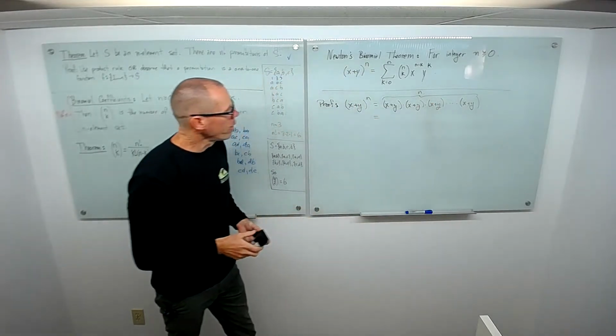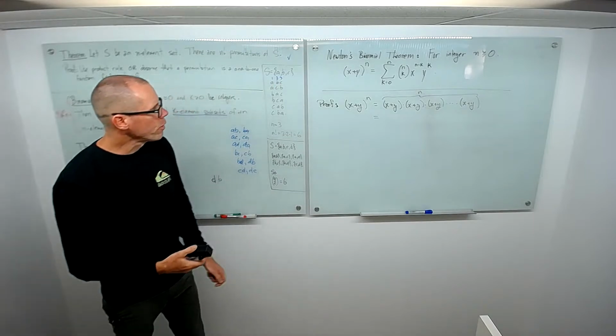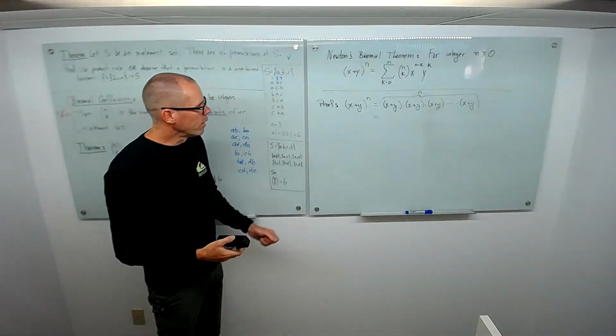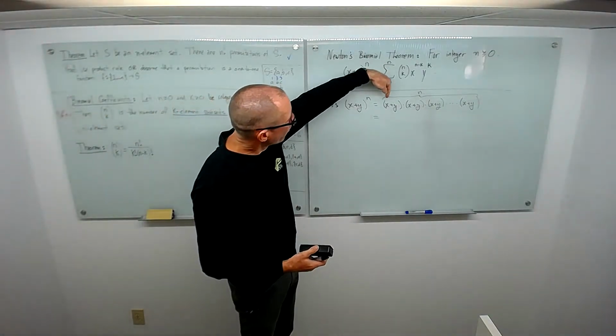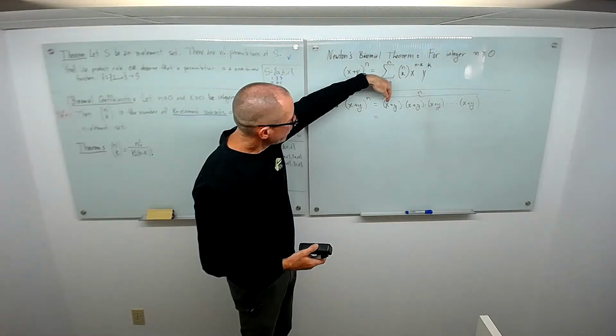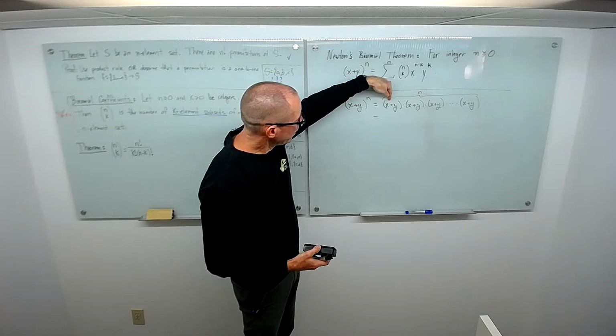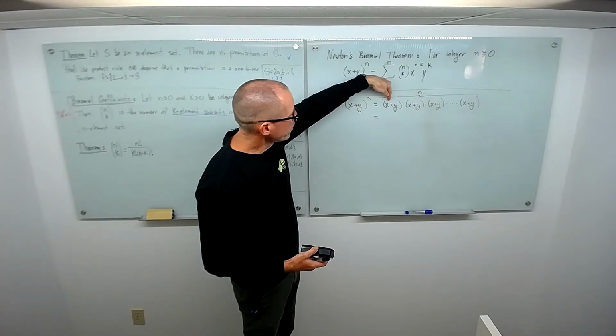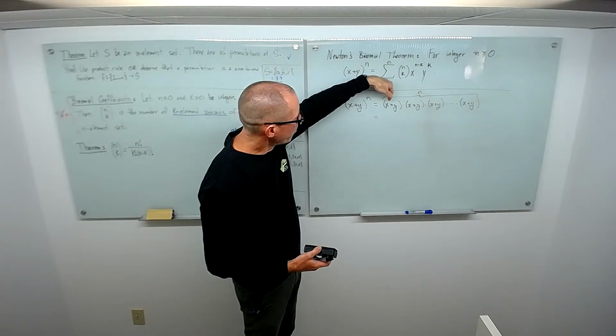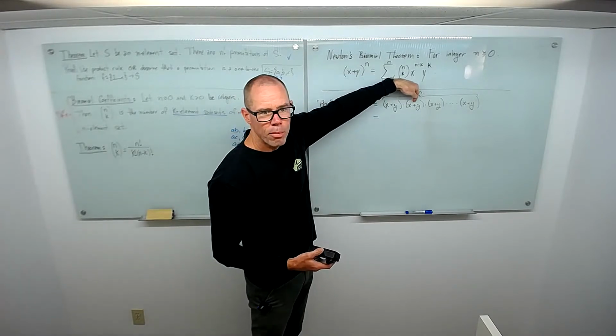If I want to write out longhand what all of the terms are, I walk through this sequence, and for each of these factors, I choose to either multiply by x or multiply by y.